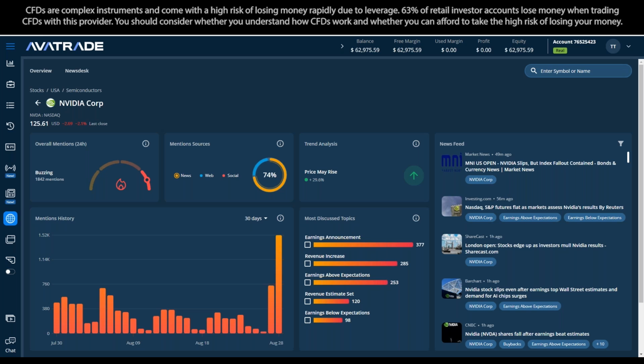But the market has gotten so used to NVIDIA exceeding expectations by so much that if it doesn't beat last year's numbers by over 100%, it's almost a letdown.